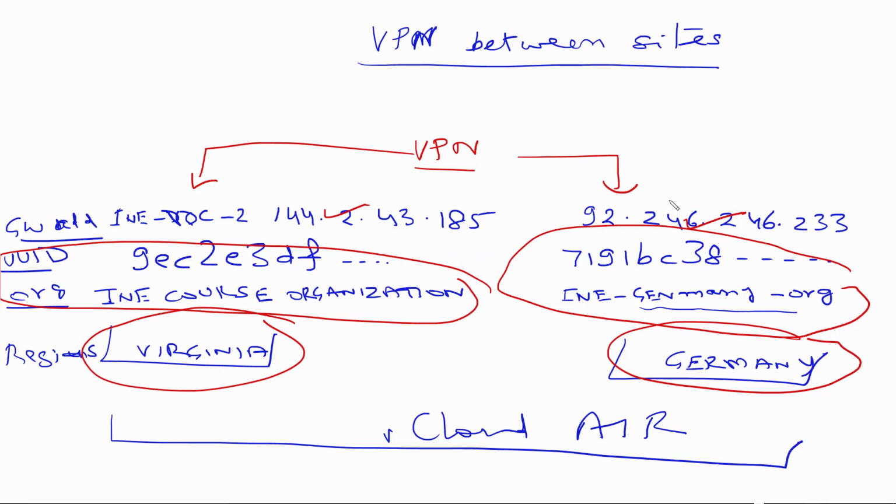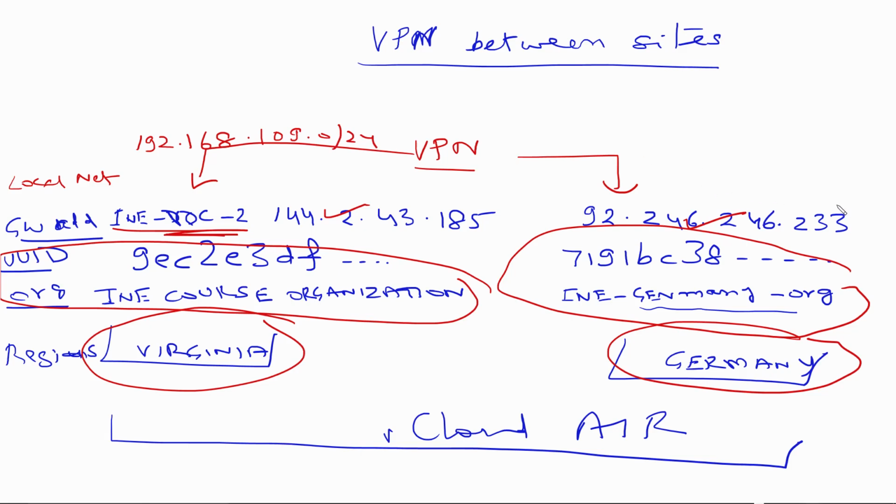Now, what networks are we connecting here? If you're looking at it from the viewpoint of INE VDC2, that becomes the local net. The local net is 192.168.109.0/24.